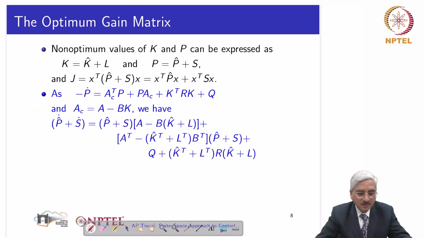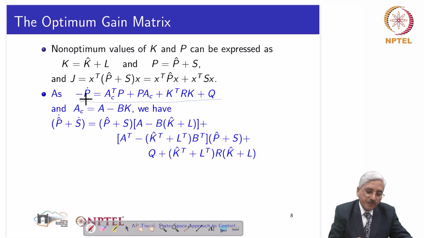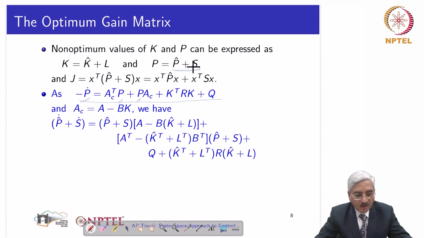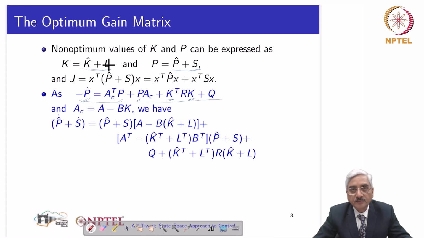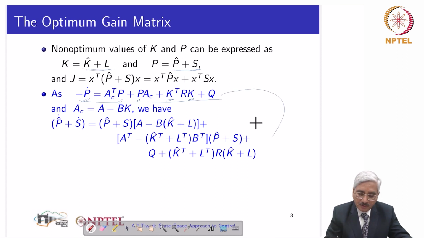Proceeding further, we know this expression, it was there in the previous slide or the one before. So in place of P everywhere, we substitute P hat plus S, and in place of K we substitute K hat plus L. Then this equation becomes this equation.